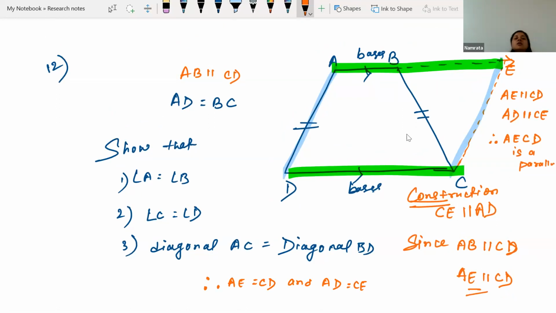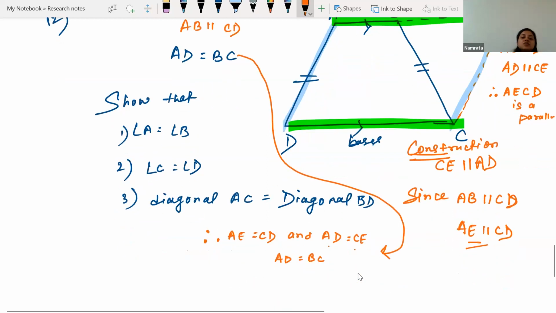These are the conditions we got after proving that it's a parallelogram. Now we know AD is equal to CE, and it is also given in the question that AD is equal to BC. So from AD is the same as CE, AD is the same as BC, we can say CE and BC are the same, right? From 1 and 2, CE and BC are the same.